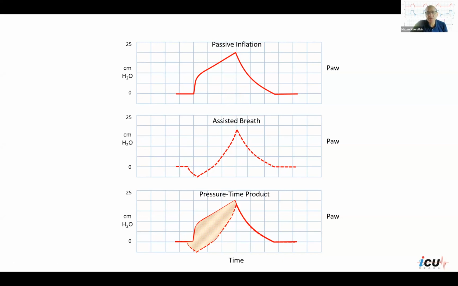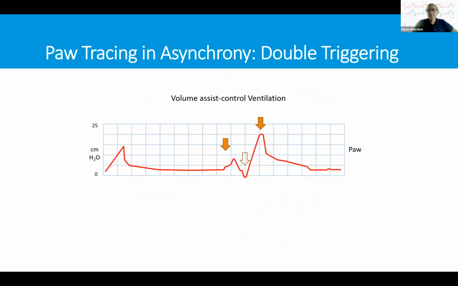This is what the patient is doing, meaning that the patient is participating in the efforts of inspiration. And the flow on the ventilator may not be set appropriately to provide the demands of the patient. So this is passive inflation, and this is assisted breath. The patient is doing most of the work, and the ventilator is adding little work on top of that.